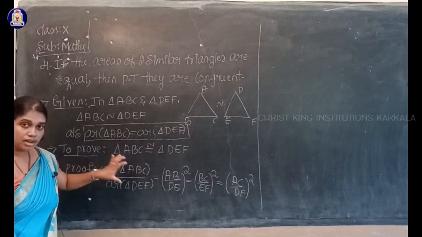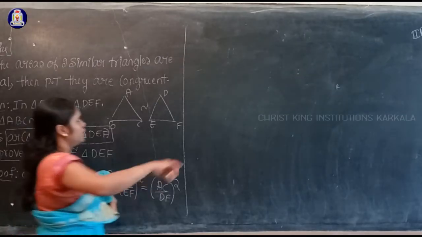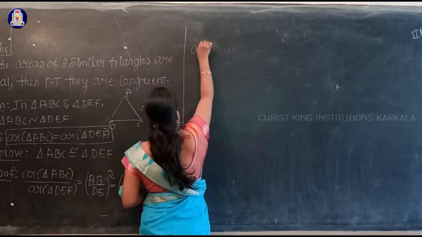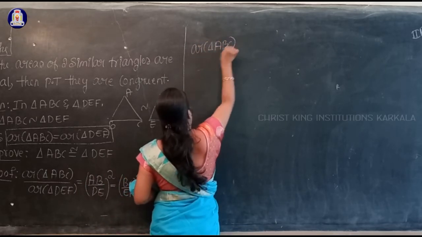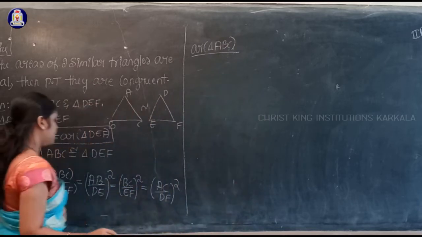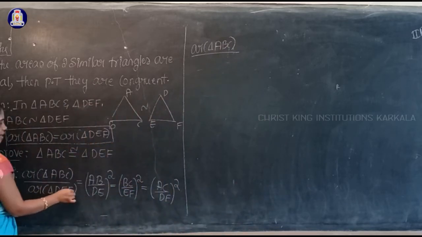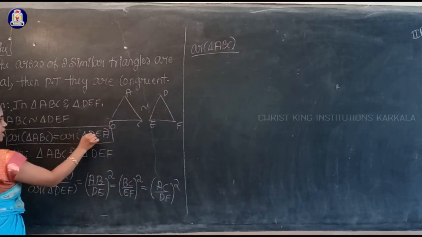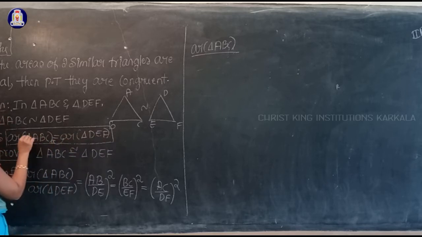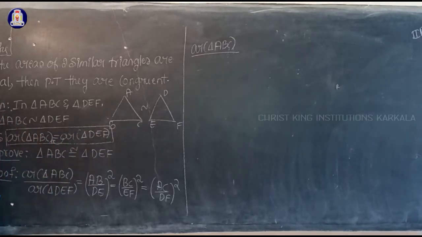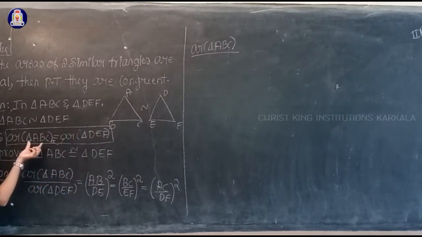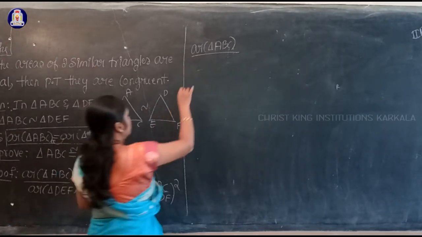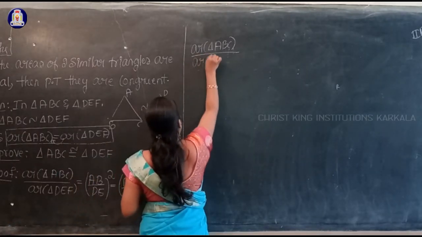In the left hand side we have area of triangle ABC by area of triangle DEF. But area of triangle DEF equals area of triangle ABC. So in place of area of triangle DEF, can I replace this value?